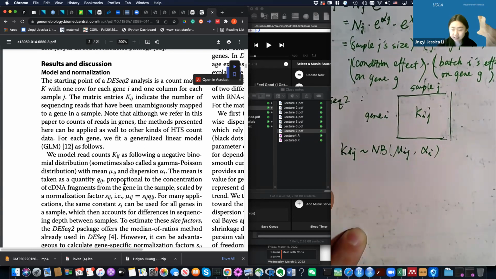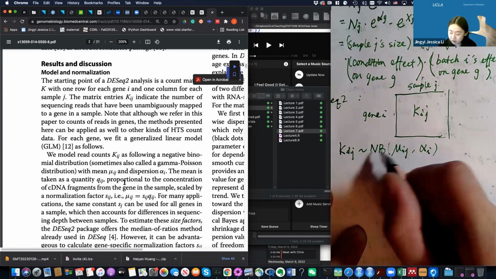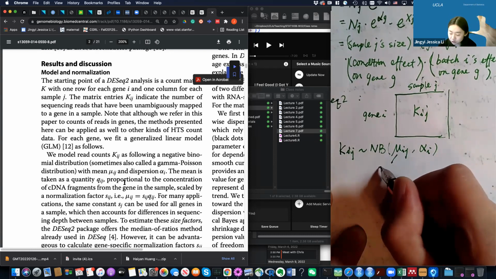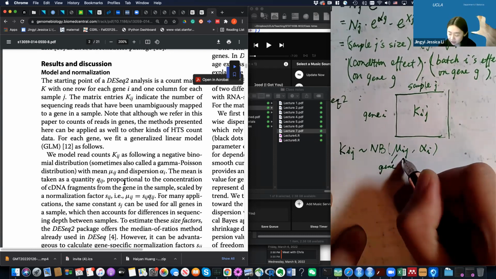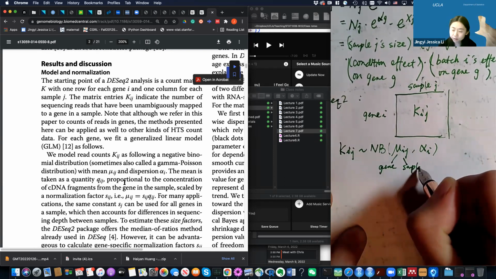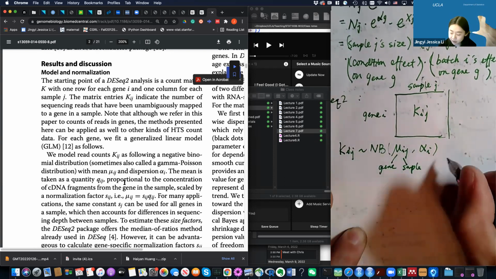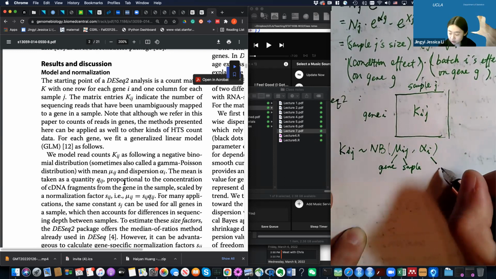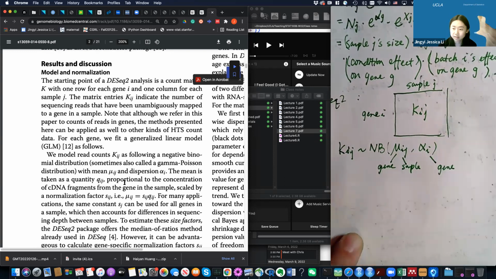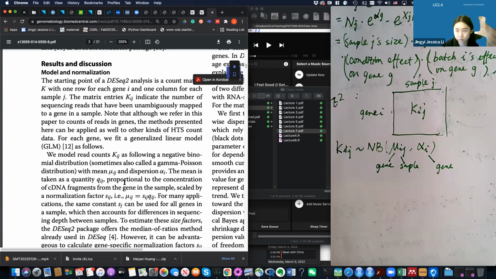So you can see that the mean depends on both gene and sample, but the dispersion is only about gene.